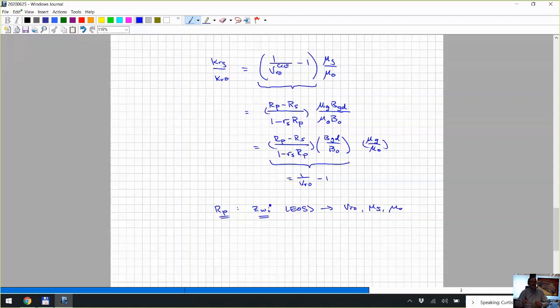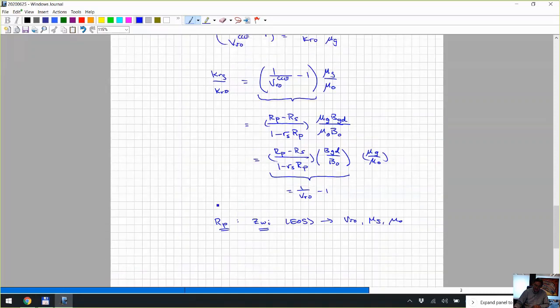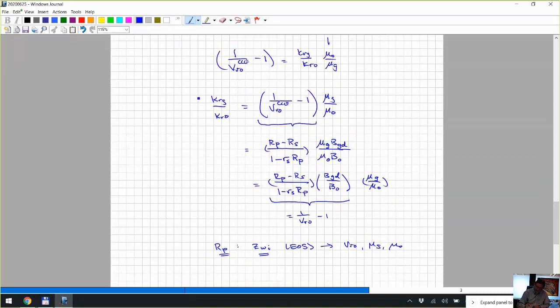We need the RP. You'll find this in most of the publications that we have. We'll have both equations, one for a black oil formulation, one for a compositional formulation.